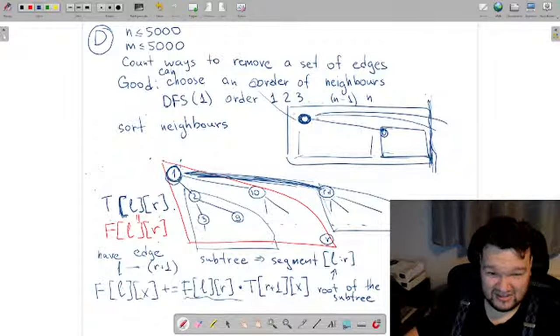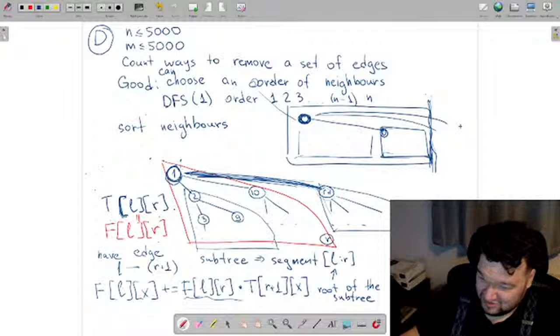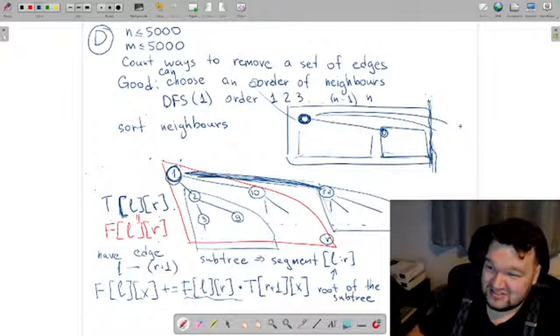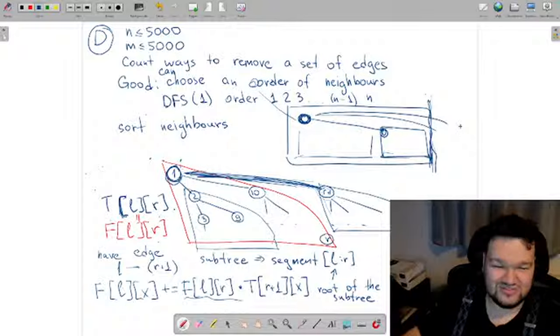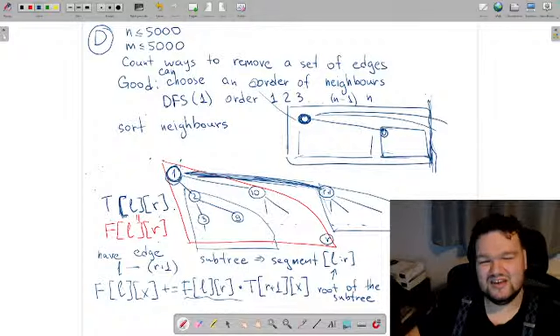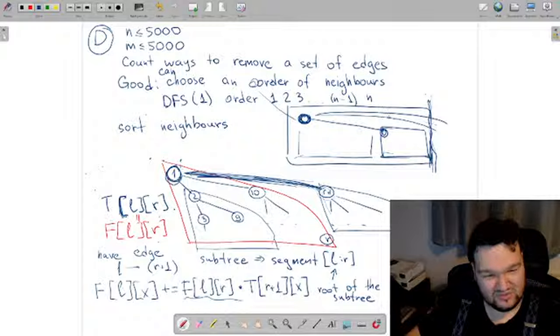If we have an edge to the right, we will have to use it. They are not visited yet. We will try that edge and go to the right. So if we want to stop right now, we have to cut those edges.